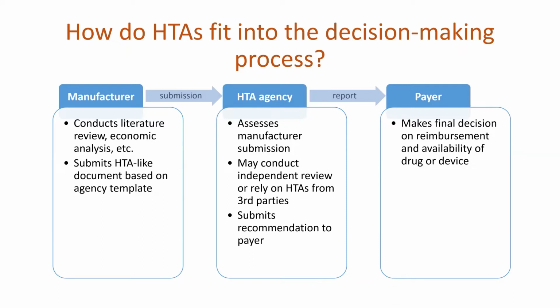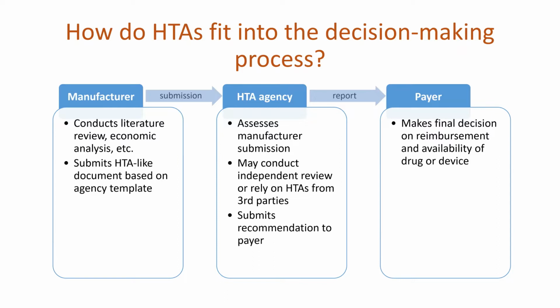The agency assesses all the data in the dossier, and then sometimes when this is not sufficient, they conduct an independent review or ask a third party to do the HTA for them, and then they make recommendations to payers. Payers, for their part, will make decisions based on these recommendations.